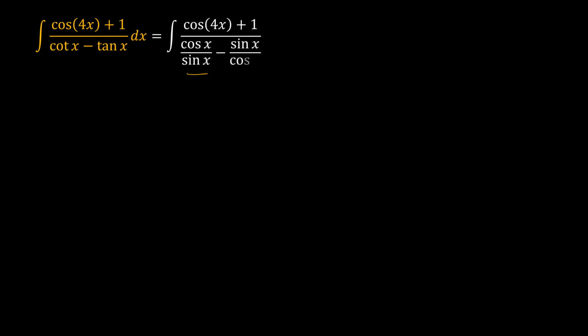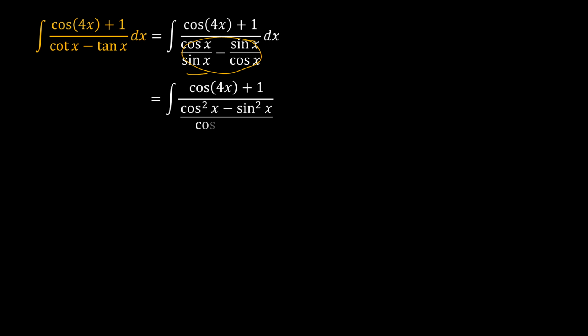And so the common denominator here would be cosine x sine x. So we have cosine 4x plus 1 over cosine squared x minus sine squared x.